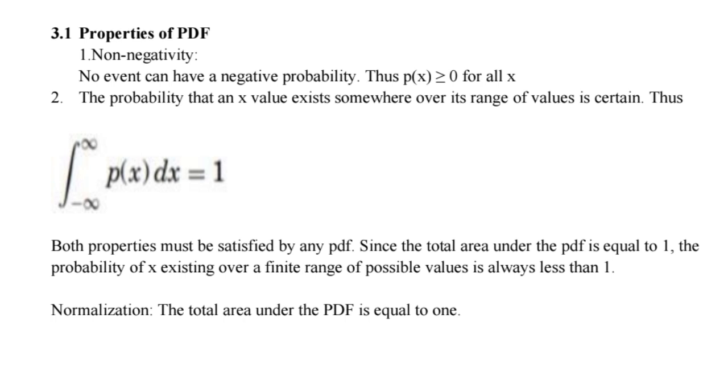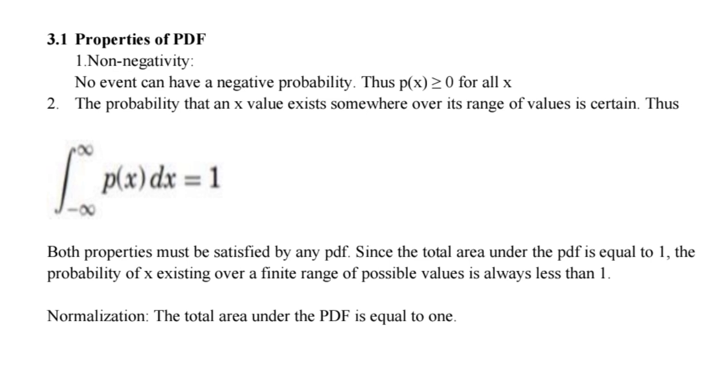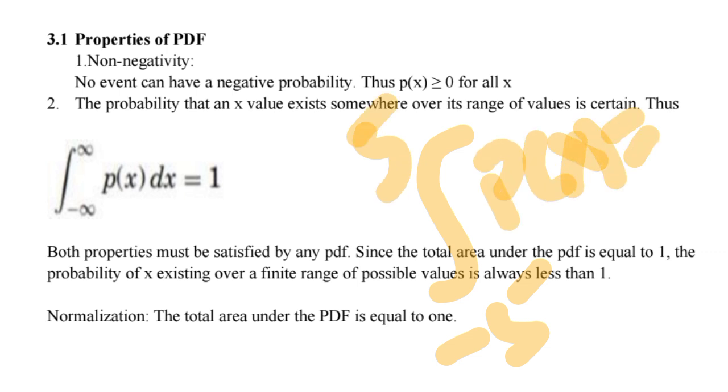For example, the second property: if you are taking values from some range, for example -3 to 3 or -4 to 4 or -5 to 5, how do you define this? You have to take the integral from -5 to 5 of p(x), and that should be equal to 1.